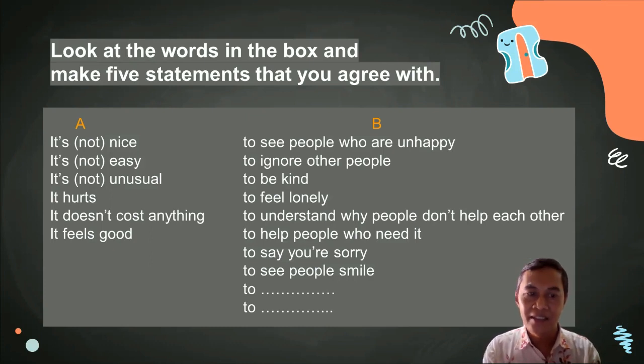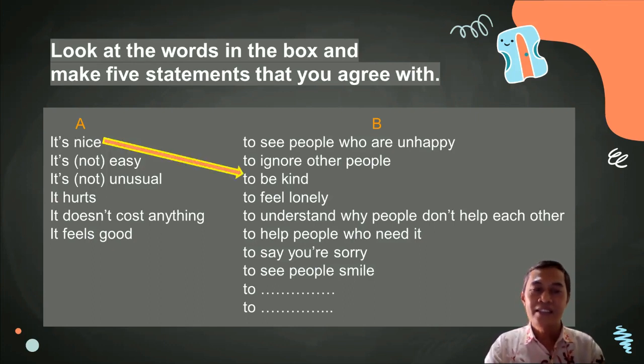It's not easy or it's easy. It's not unusual or it's usual, and others. Just make a line, or just write your sentences on your notebook. Okay, ready? Let's try number 1.